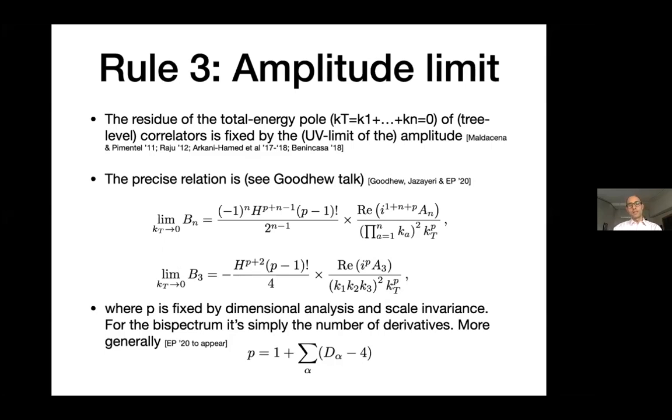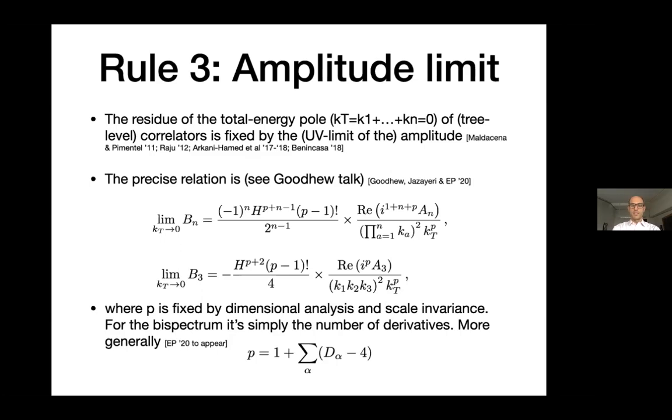And so this formula says that the bispectrum, when KT goes to 0, is some numerical factor in front, where H is the Hubble parameter, times the real part or the imaginary part of the amplitude, depending on the value of n or p. So it's not just the amplitude, of course, because the correlator is a real quantity and the amplitude is complex. And the order of the pole is p, and this p is fixed.